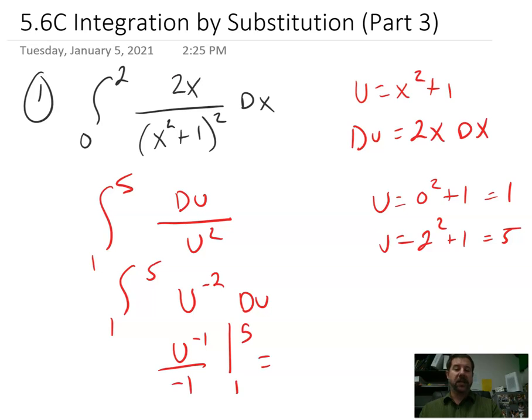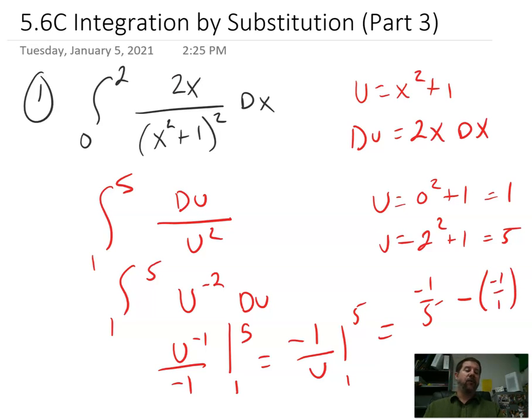So this is negative 1 over u evaluated from 1 to 5, which is negative 1/5 minus negative 1 over 1, f of b minus f of a. So negative 1/5 plus 1 gives me 4/5 as our answer. All right? So that's it.